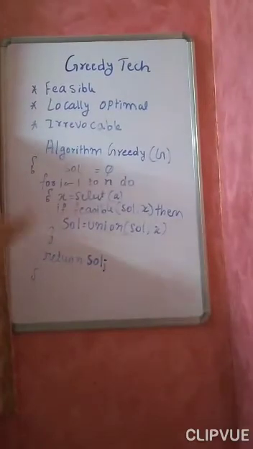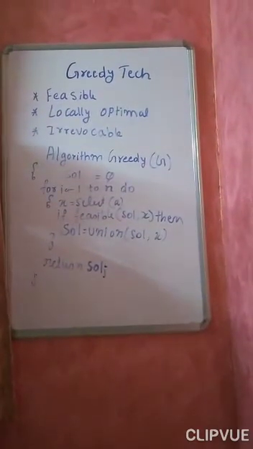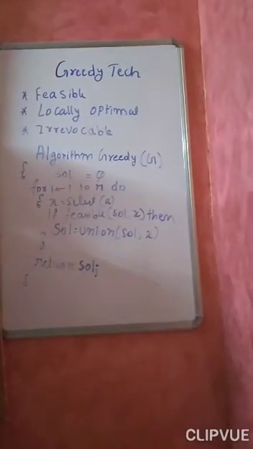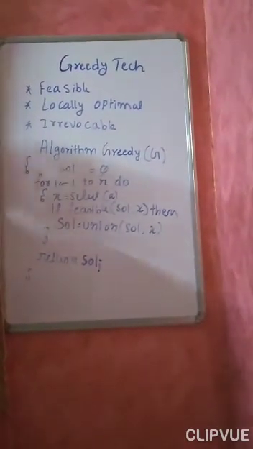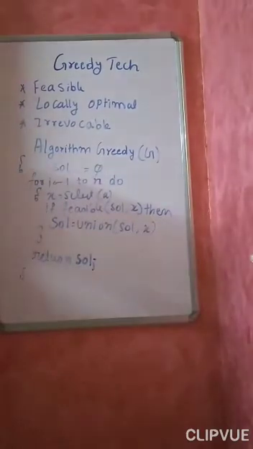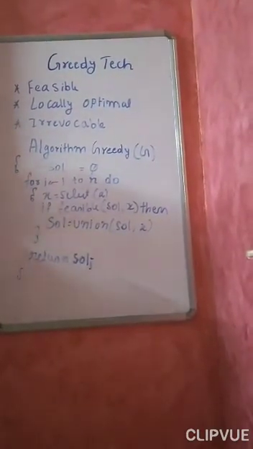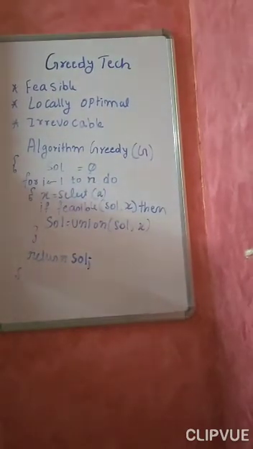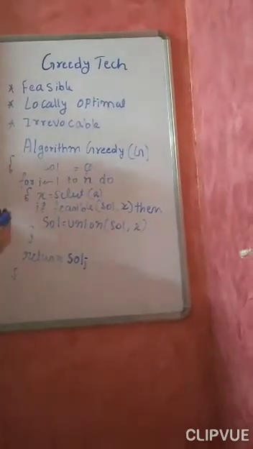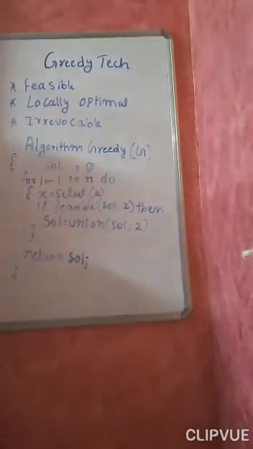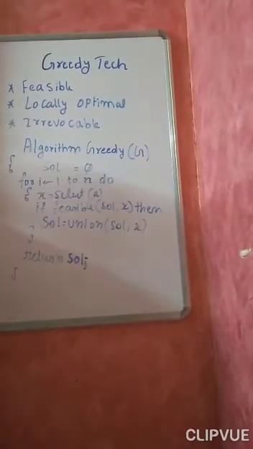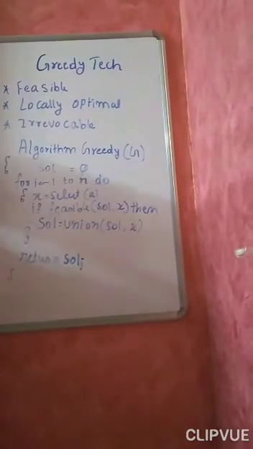In the divide and conquer technique, you will be dividing the size of the problem in each iteration, whereas in the decrease and conquer technique, you will be reducing, not dividing, the size of the problem by either 1, or by exactly half, or with a variable size. Next we will move on to the greedy technique.